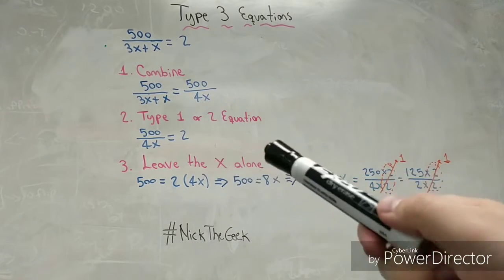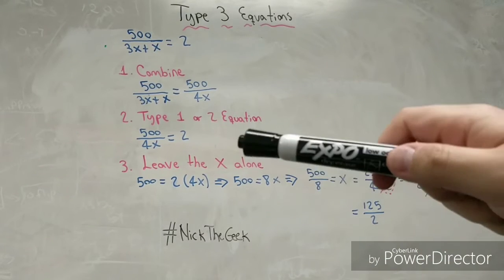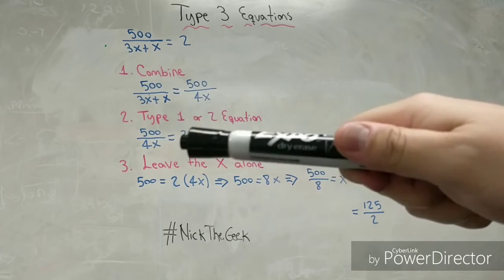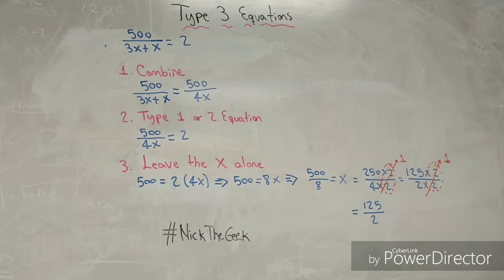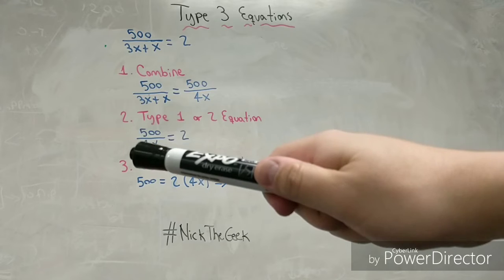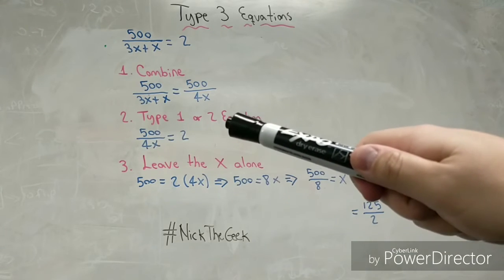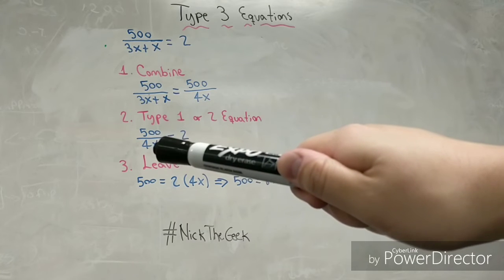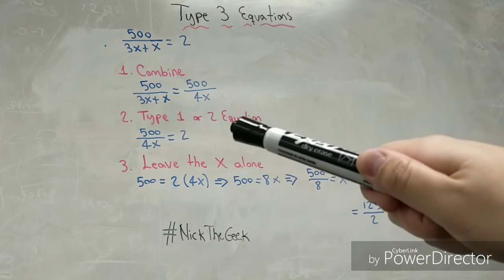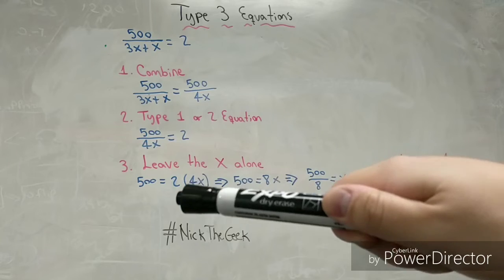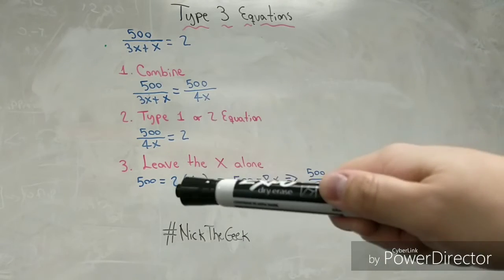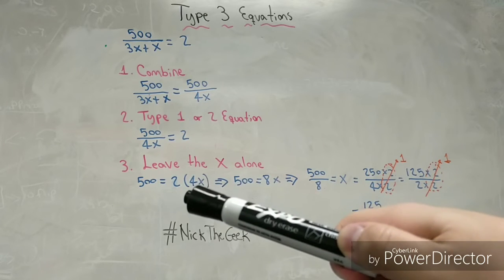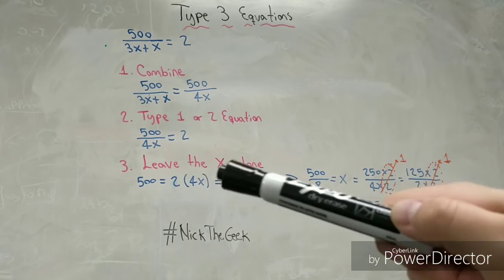And now we have to leave the x alone. But in order to do that, we need the x on the top part, not at the bottom. So everything that is below, we move it to the right side. Since it's dividing here on the left side, we move it to the right side multiplying, the inverse operation. So 500 would be equal to 2 multiplied times 4x.